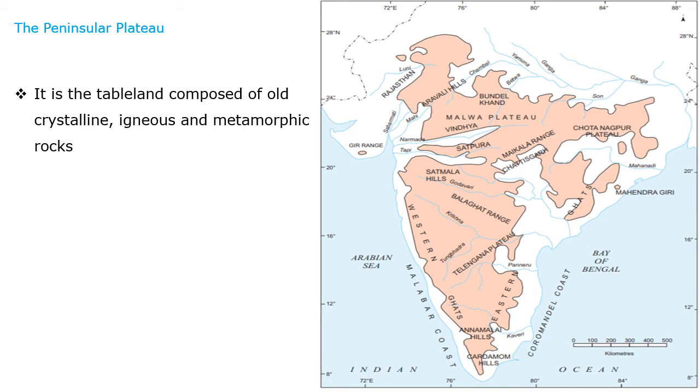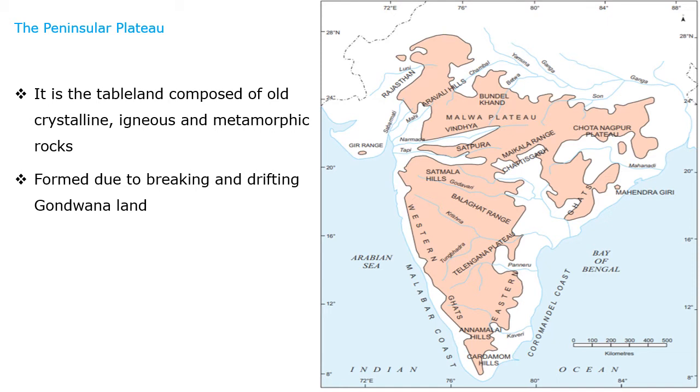So how has this been formed? It was formed due to the breaking and drifting of Gondwana land. As we have seen previously, before the formation of the continents, we had only one landmass called Pangaea, surrounded by an ocean called Panthalassa Ocean.